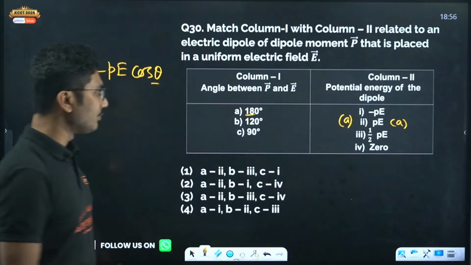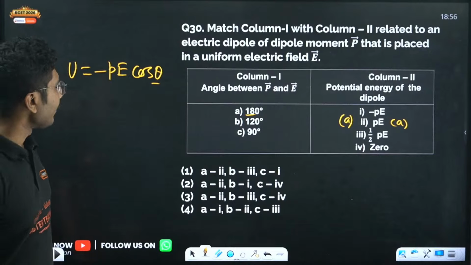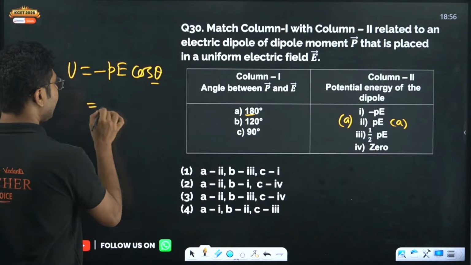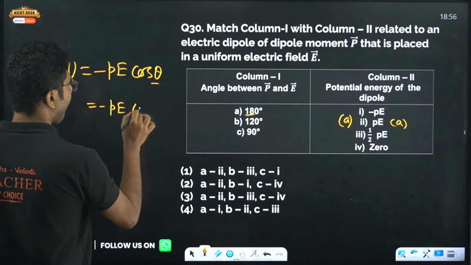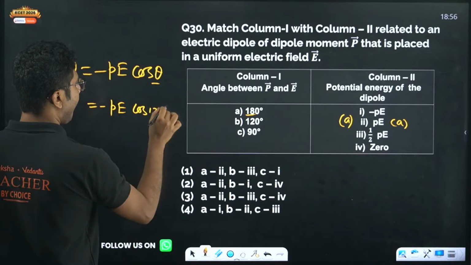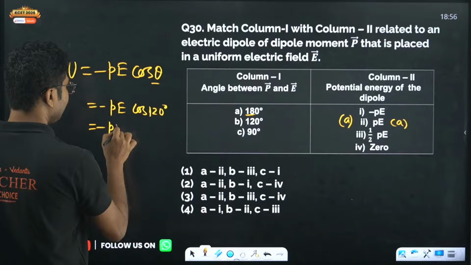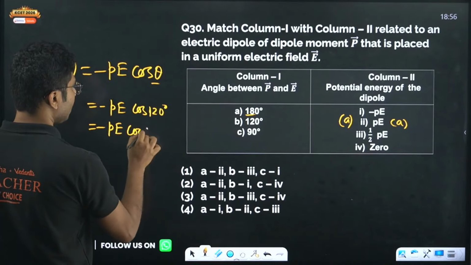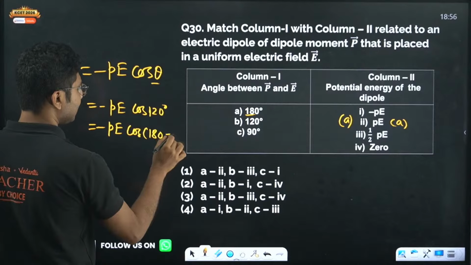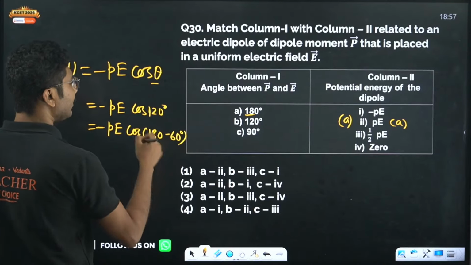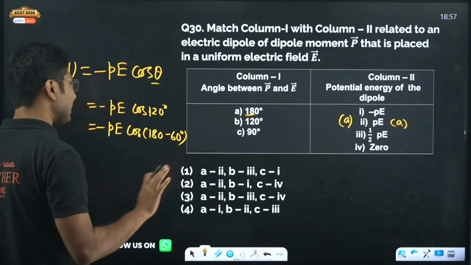So A is matching with 2. What about 120 degrees? Cos 120 is cos of 180 minus 60. Either you can do this, or 90 plus 30 is also fine.